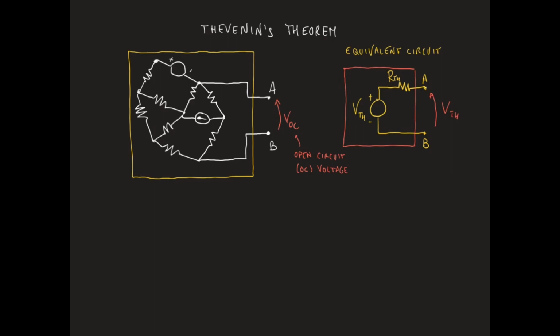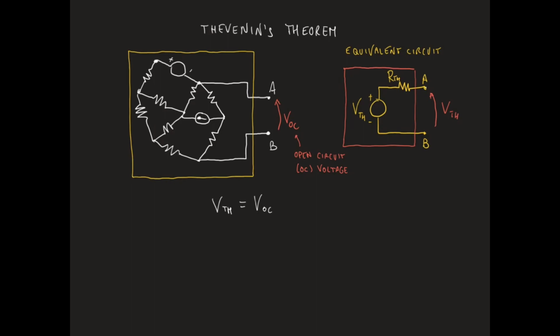This tells us that in order to find the value of the Thevenin voltage source, we need to measure or calculate the open circuit voltage between nodes A and B in the starting network.